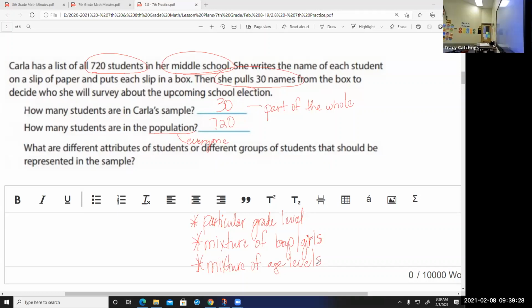Can we say anything else about the sample? Destiny said that covers it.